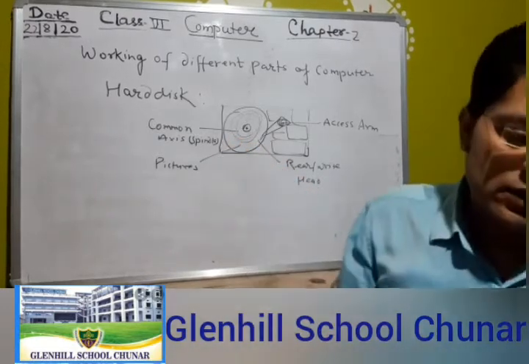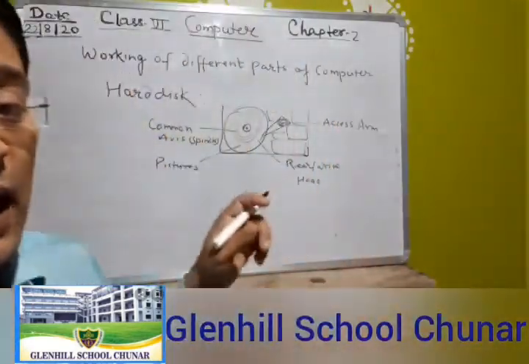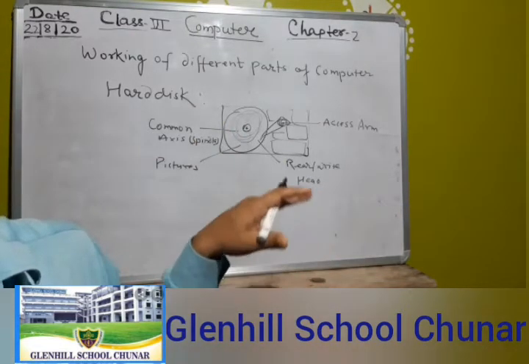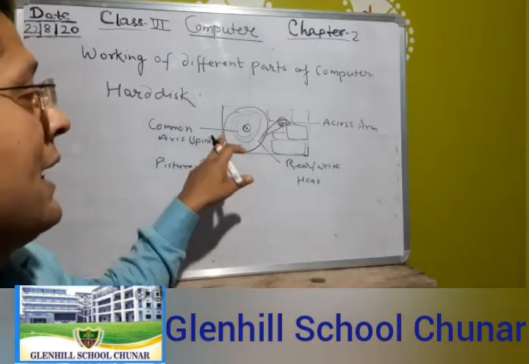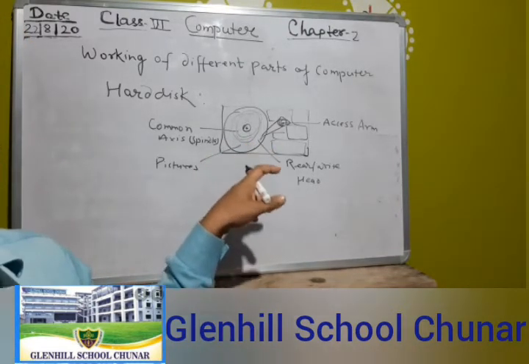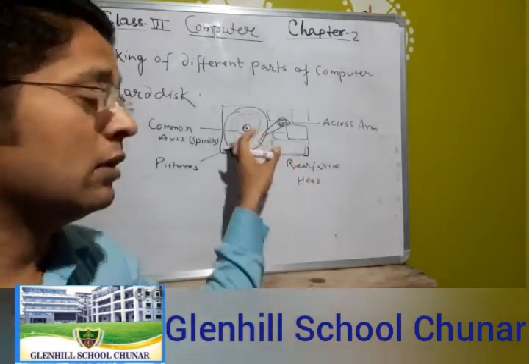So platters are stacked vertically on a common axis. The surface of each platter is coated with magnetic material. All the discs except the outer portion of the top and bottom disc are used to store data.